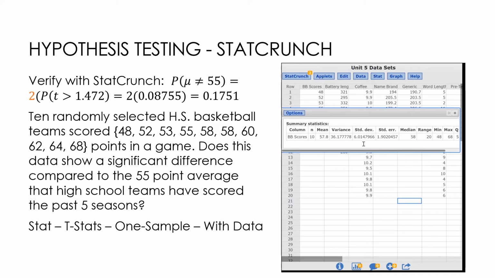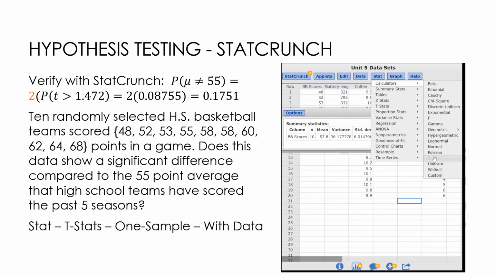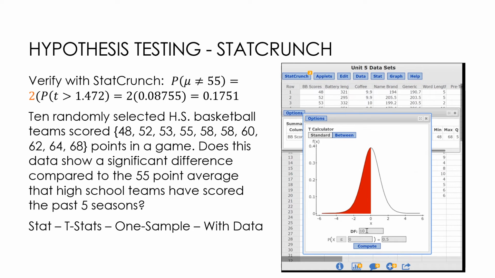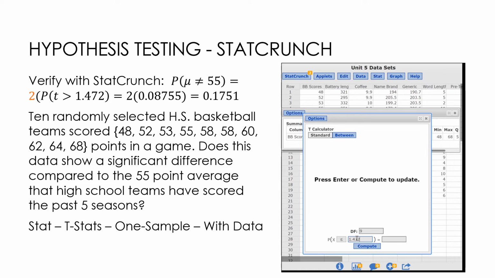And then I went to Stat, Calculators, T, chose 9 degrees of freedom because 10 minus 1 is 9, plugged in the t-score that I had, 1.472, and found the area to the right. That's where I got the 0.08755 that I took times 2 to make it two-tailed.